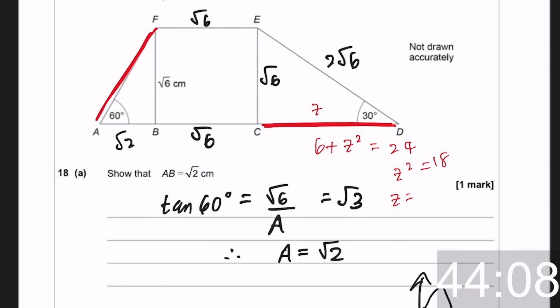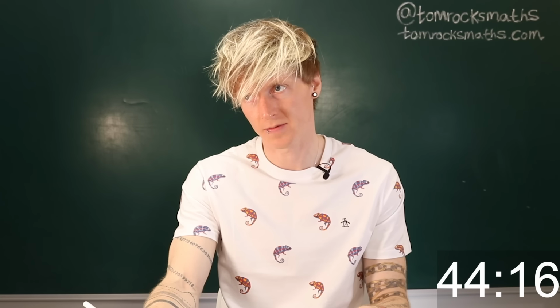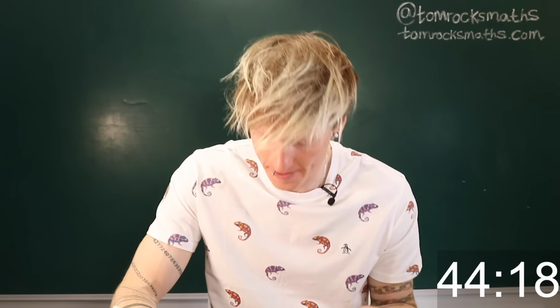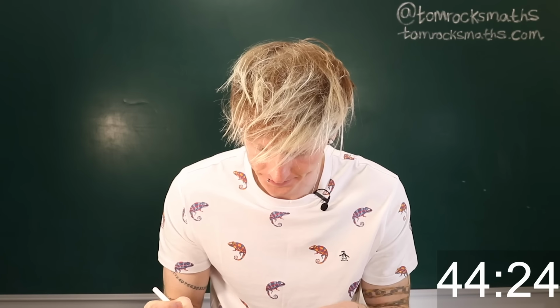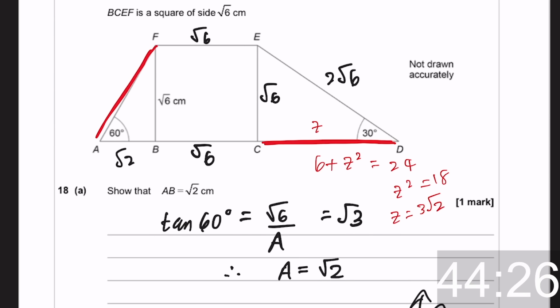So z is root 18, which is 3 root 2, taking a 9 out because that's a 3. And then the only other one I need to know is this. Let's use Pythagoras again. Root 2 squared, so 2, plus 6 equals x squared, where this is x. So x is root 8, which is 2 root 2.